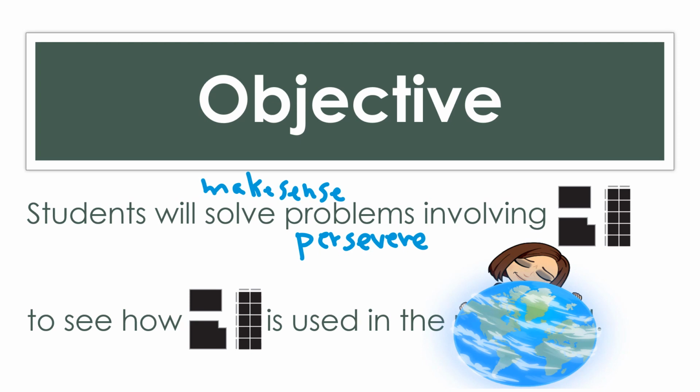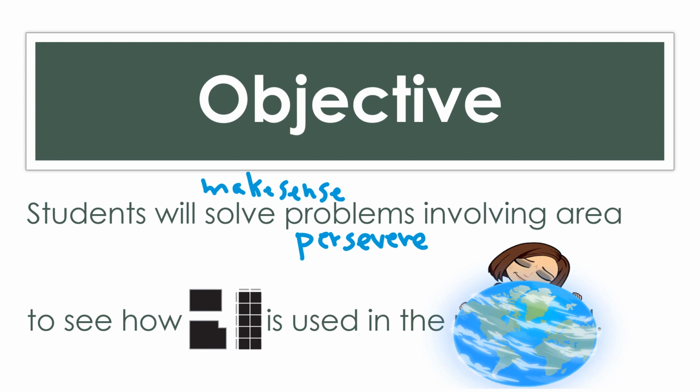So today, we're going to be solving problems that are going to involve, does anyone recognize this picture clue from our earlier lesson? We're going to be really thinking about problems that involve area.